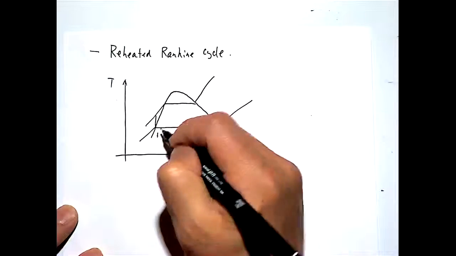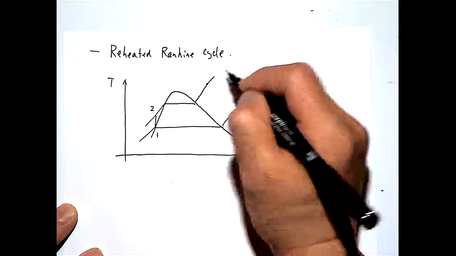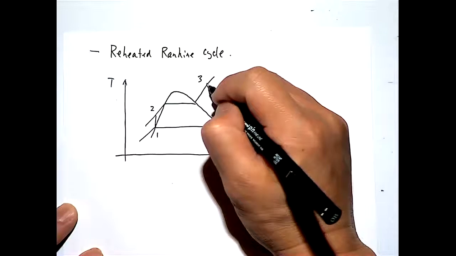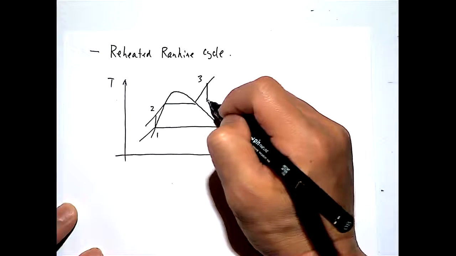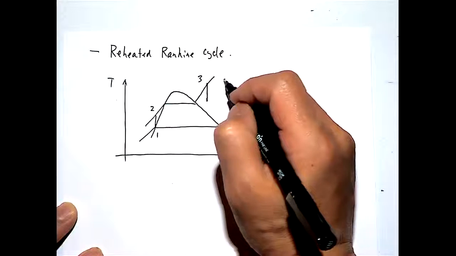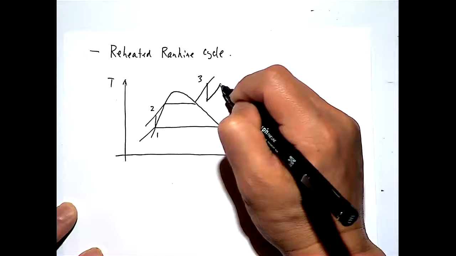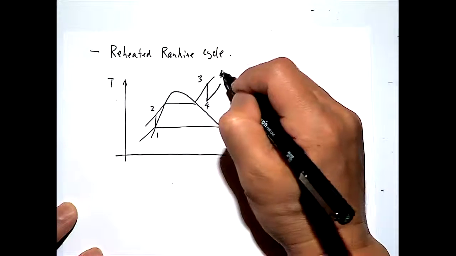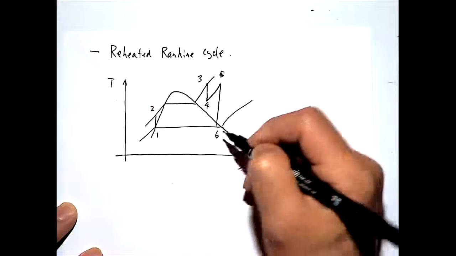We have state 1 to 2, then to 3, then going through a partially expanded turbine, which is a high pressure turbine, to a lower pressure line, and then being heated again, going up again to state 4, 5, and then going back to state 6.